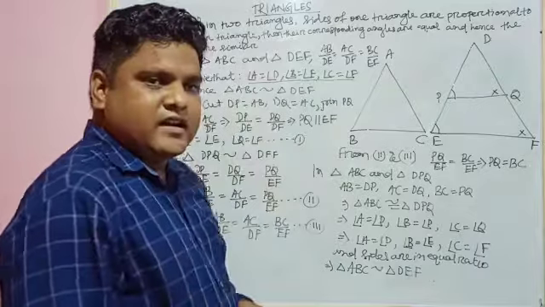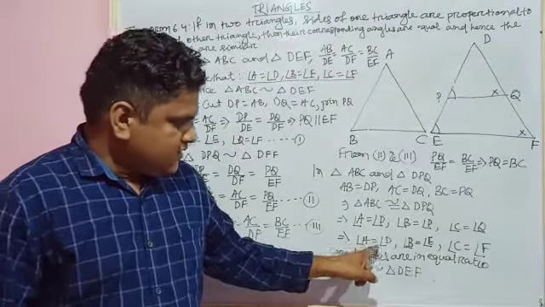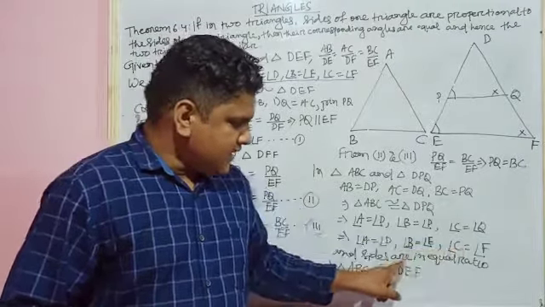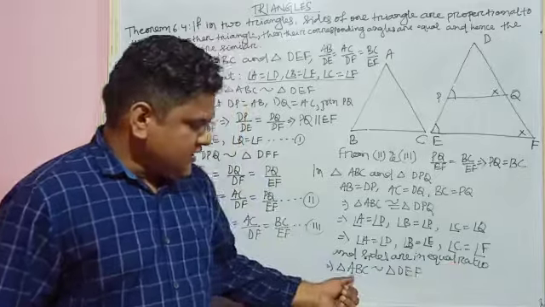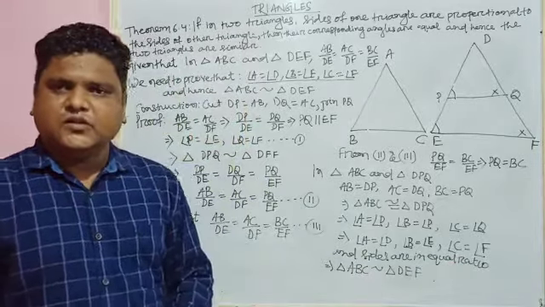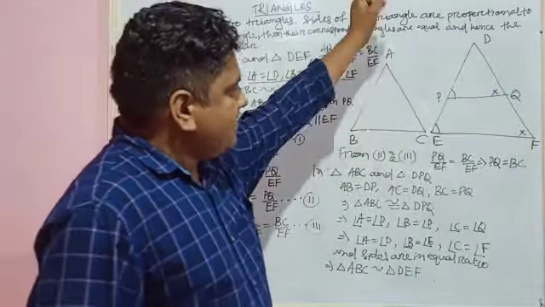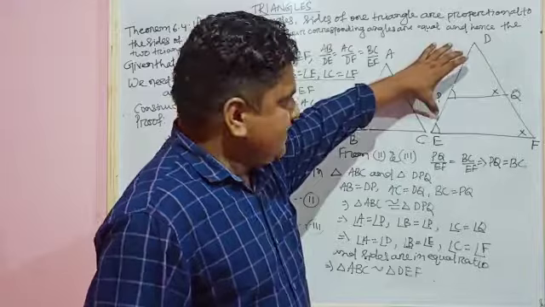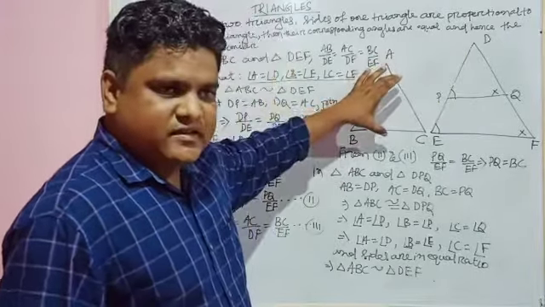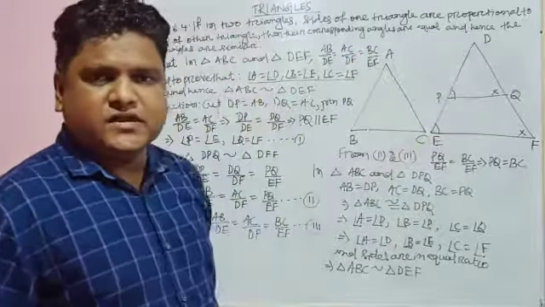We need two criteria to prove a figure similar: corresponding angles are equal and sides are in equal ratio. Two criteria are satisfied, so triangle ABC is similar to triangle DEF. In this case, see the proof. Here we have taken DE greater than AB. In case AB is greater than DE, the proof will also be similar.